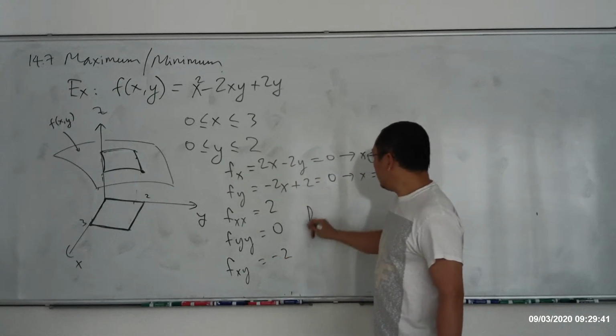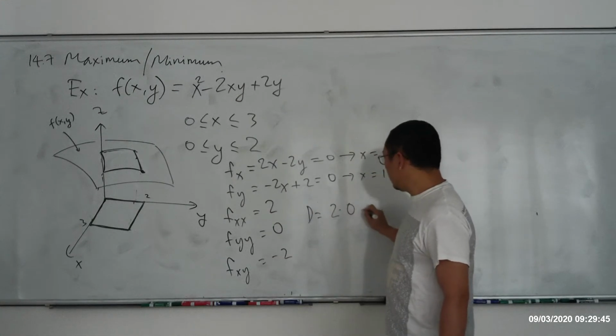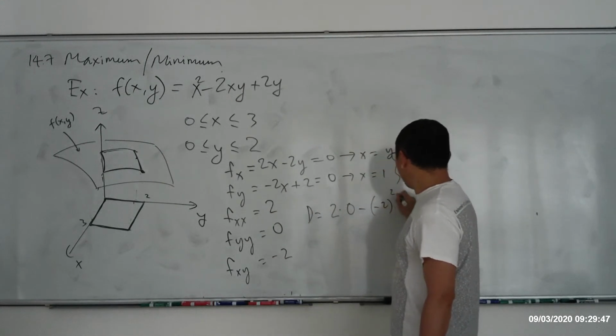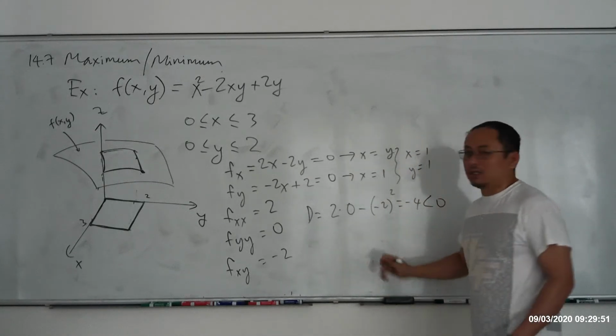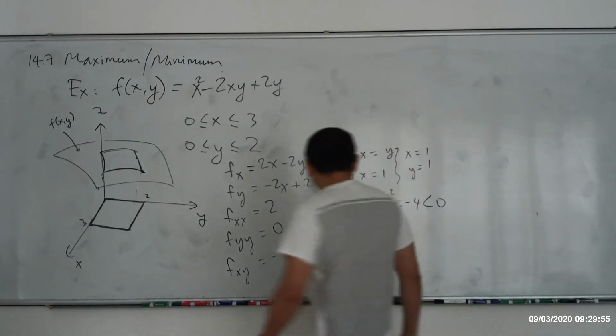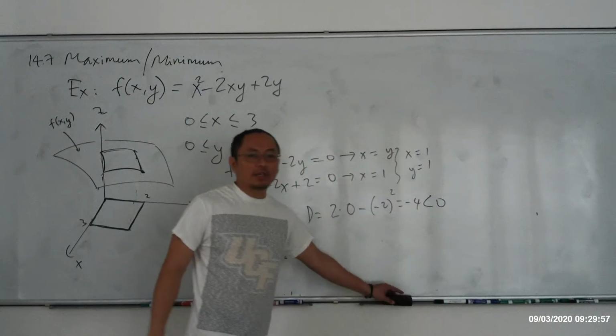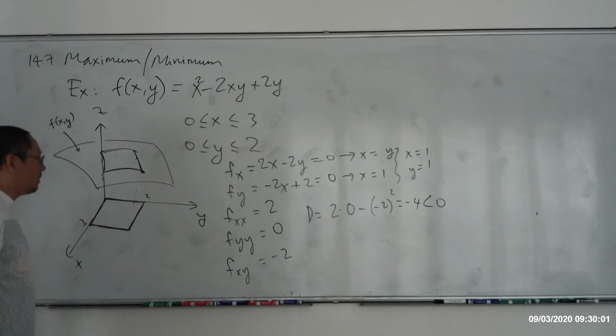So D is Fxx times Fyy, 0, minus negative 2 squared, which is equal to negative 4. It's a negative number. So this is neither a local max nor a local min. Instead, it's going to be a saddle point. So we do not have any local max or local min. But we will have some absolute max and absolute min. It's going to stay on the boundary.